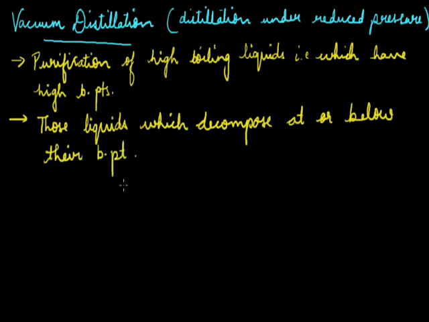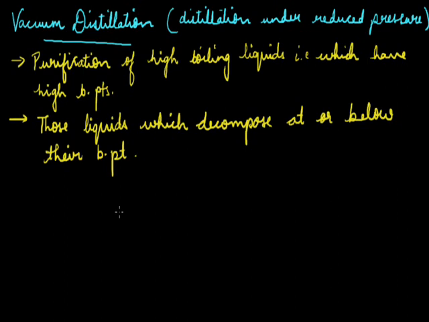So if a liquid will decompose at or below its boiling point, then we will not be able to separate it by distillation, because when we will be doing the distillation, the liquid will start boiling at its boiling point, and before that it will be decomposed, means it will break down further. The original liquid will not be there.